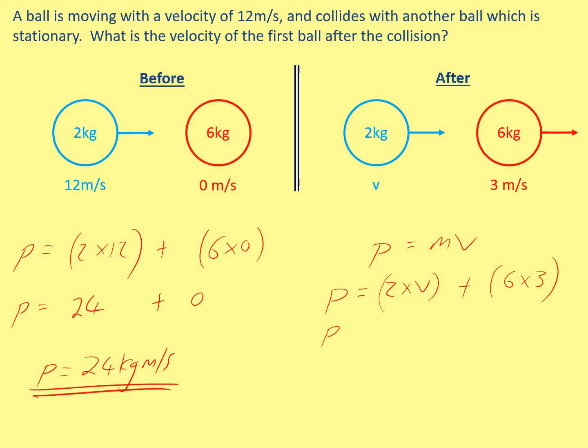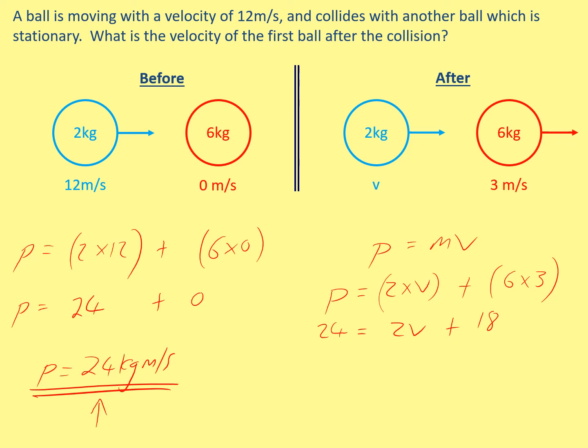So therefore the total momentum is going to be 2v plus 18. In fact, we know what P is, don't we? We know that this is 24 because the total momentum before was 24, so the total momentum after is 24. So the total momentum 24 is 2v plus 18.